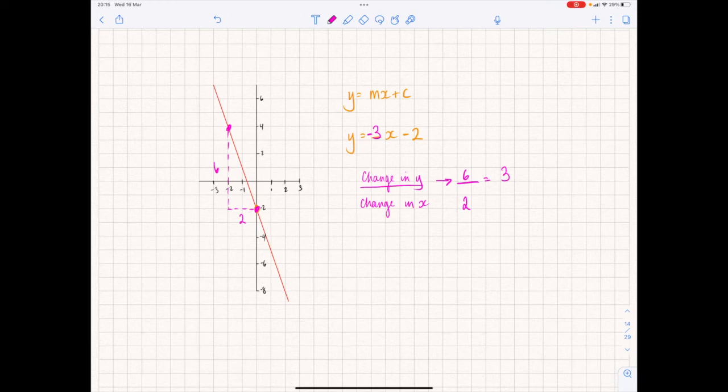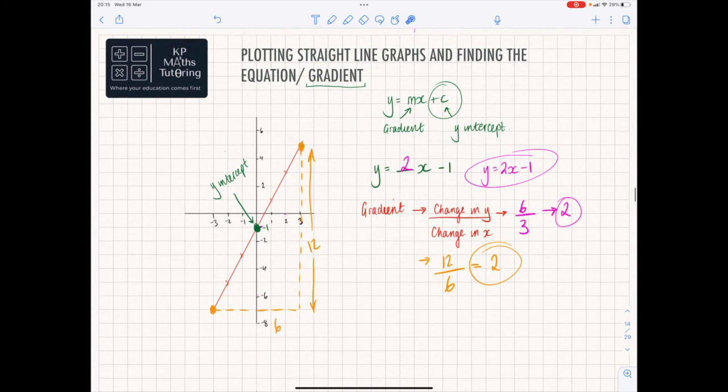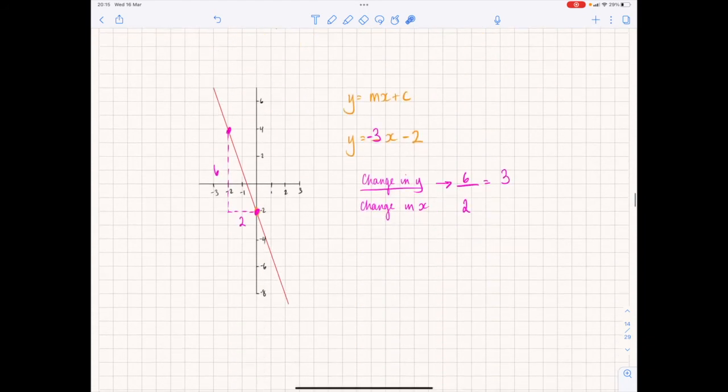So if the line is going in a direction like this, it will be negative. If your line is going in a direction going up, it will be positive. So that's why this gradient here is a positive 2x, because the line's going up. This gradient here will be a -3 in this case, because the line is going down.